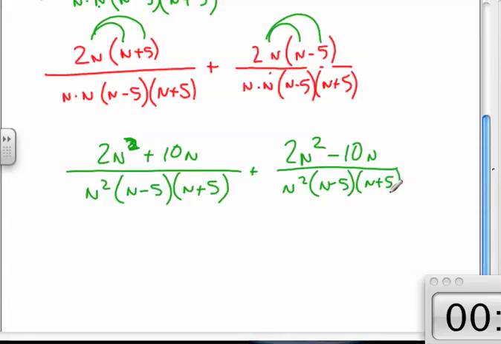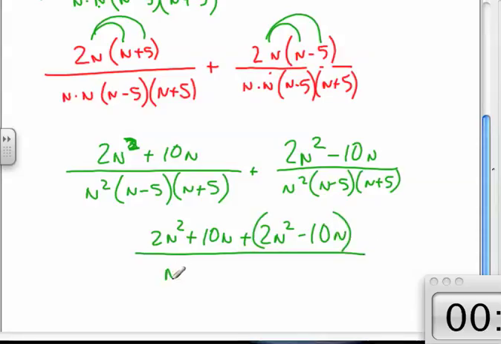So these things have common denominators. Can I put them in just one fraction now? Okay. So it's going to be 2n squared plus 10n plus 2n squared minus 10n, the quantity, all over n squared times n minus 5 times n plus 5.